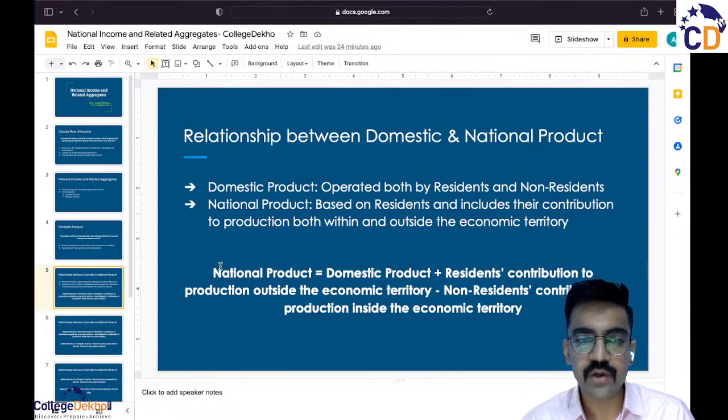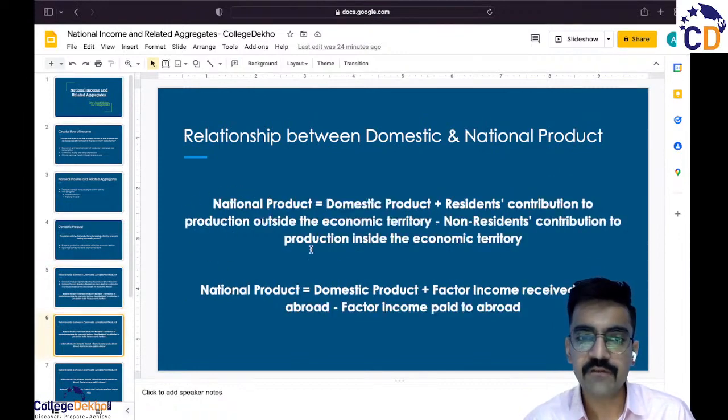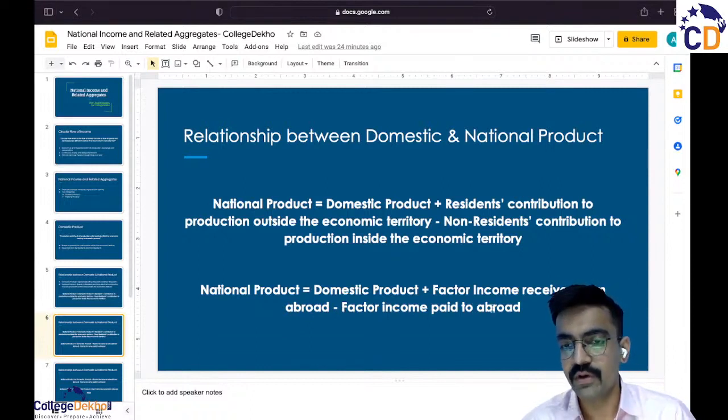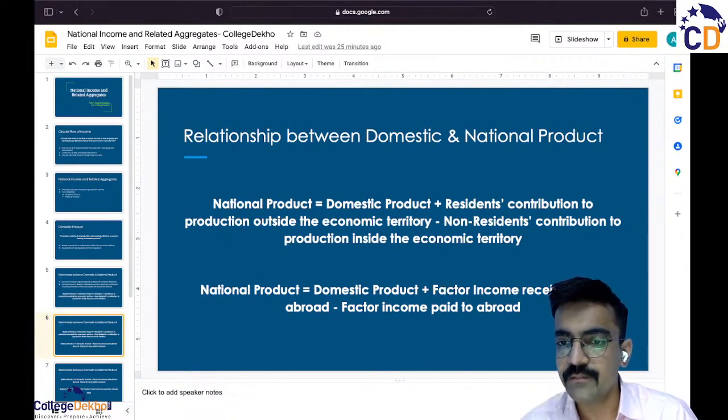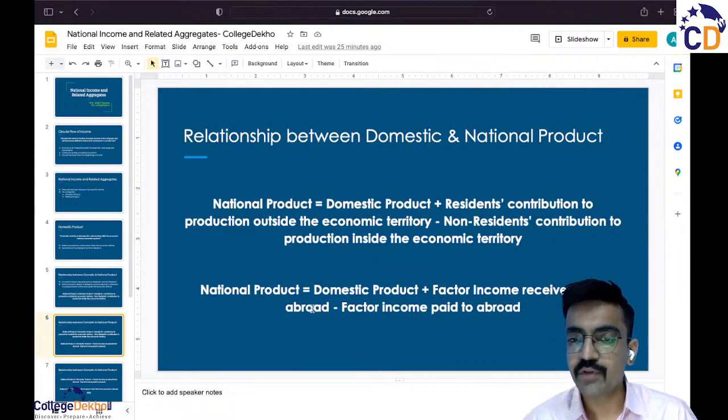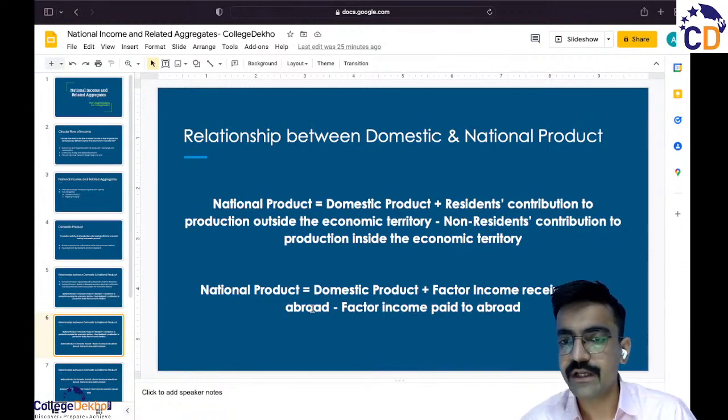And let us summarize this formula. National product is equal to domestic product of an economy plus the factor income received from abroad, subtract the factor income paid to abroad. Whatever production value is being added by a resident outside the economic territory, that is the factor income received from abroad, as in that person would be receiving the payment ultimately, and that payment would be deposited in the bank account of this person.